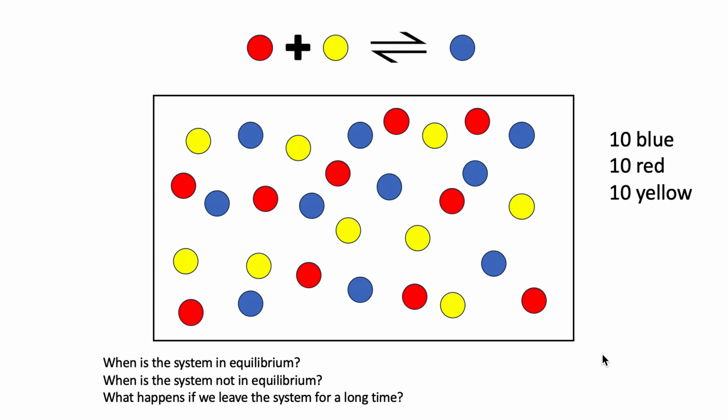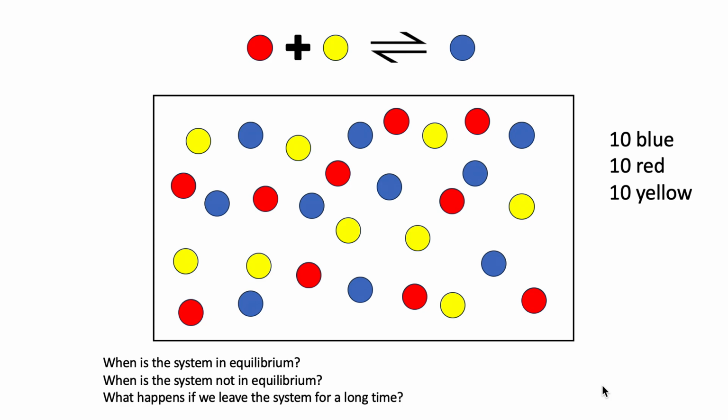And if it's in equilibrium, that means that the forwards reaction, red plus yellow makes blue, and the backwards reaction, which is blue makes red plus yellow, will be happening at the same rate. So that's how reversible reactions reach equilibrium, when both the forwards and backwards reactions are occurring at the same rate, and when they're in closed apparatus so that the reactants and products cannot escape.